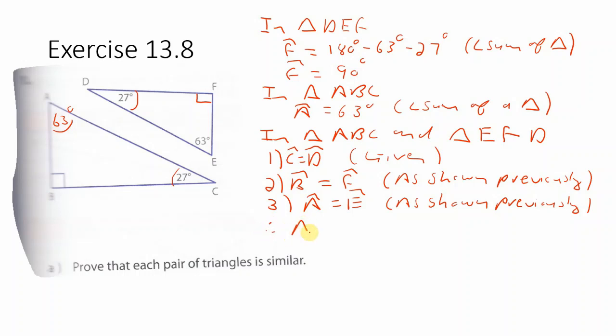Therefore, triangle ABC is similar, so the sign for similar is like a parallel one, but with a third vertical line, to triangle EFD.